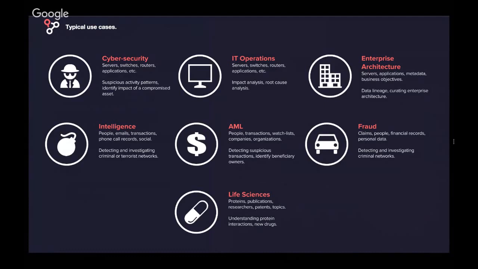Anti-money laundering, or AML, involves looking at connections between people, transactions, watch lists, companies, and organizations to detect suspicious transactions or to identify beneficial owners, for example, and suspicious or at-risk beneficial owners.